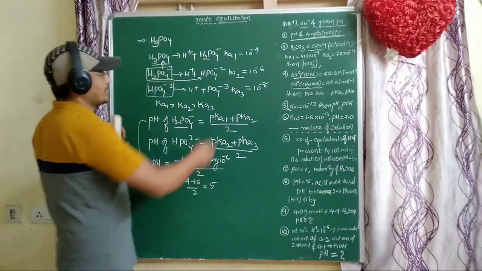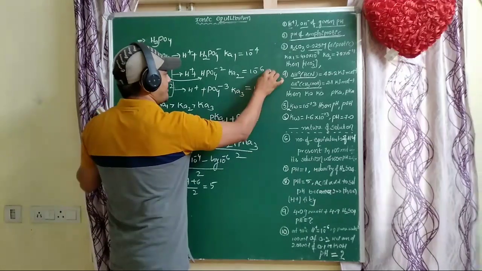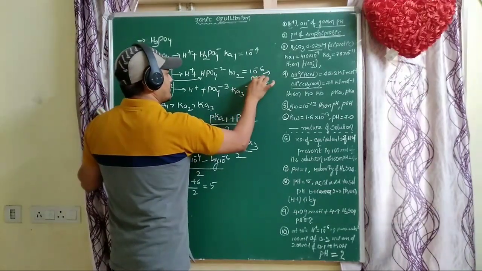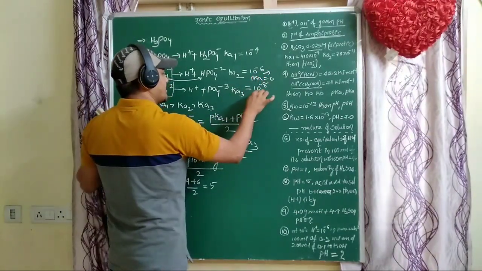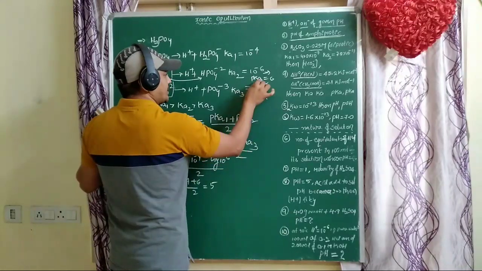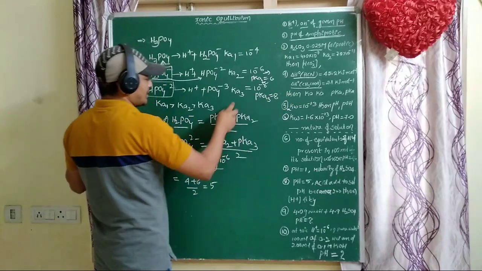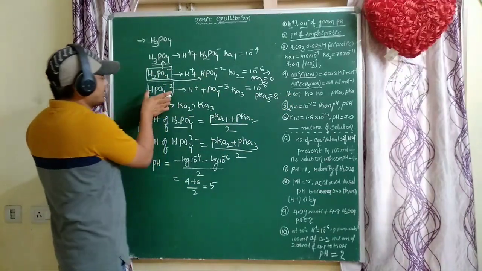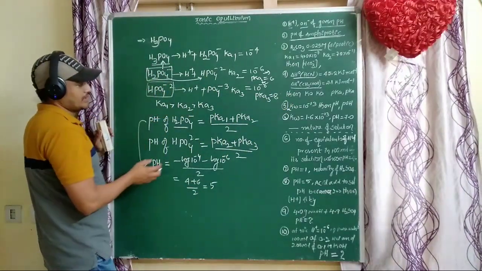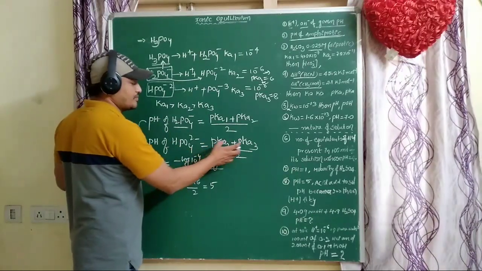Now calculate the pKa values. Here pKa2 equal to 6, pKa3 equal to 8. So how to calculate the pH of this amphoteric species? That is the average value of pKa2 plus pKa3.